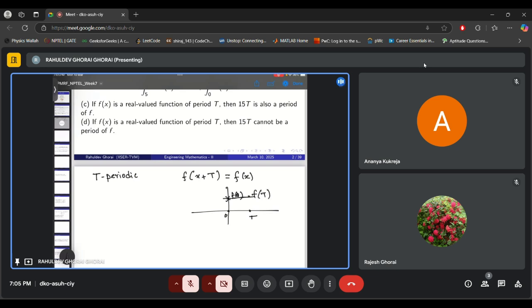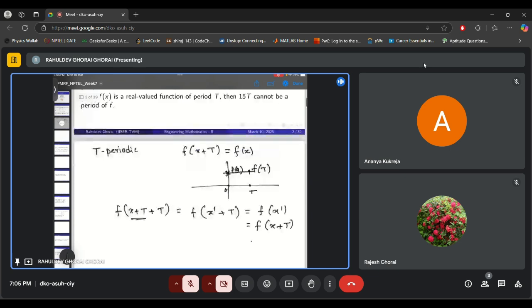So these two values are the same. If you write f(x + T + T), then x + T will be some x prime, some real number, plus T, and because f is a T periodic function, it will be f(x prime), and that is equal to f(x + T).